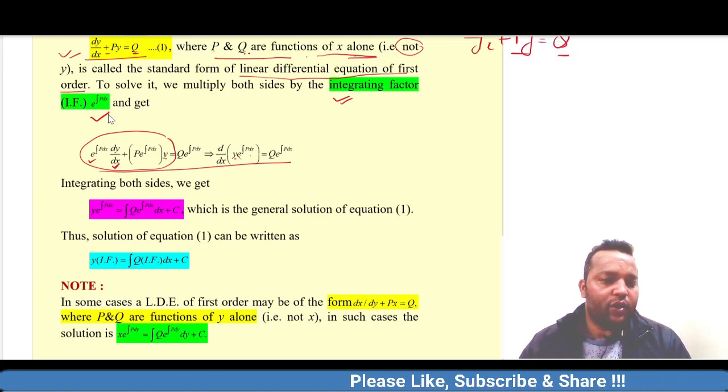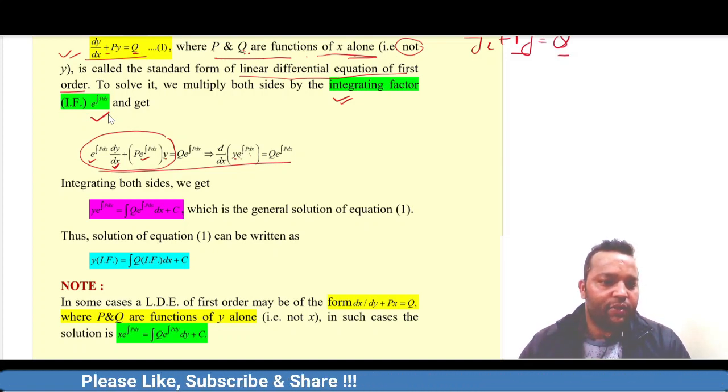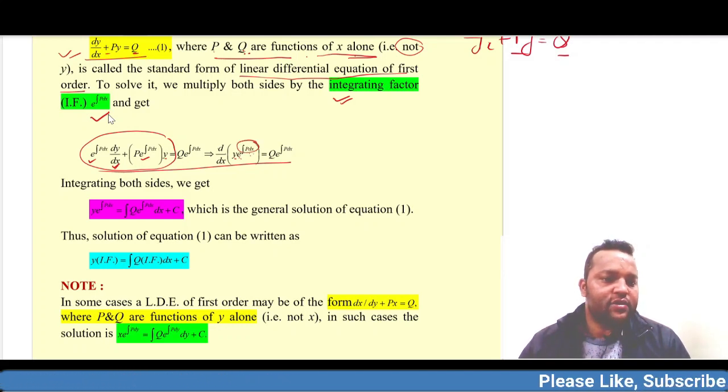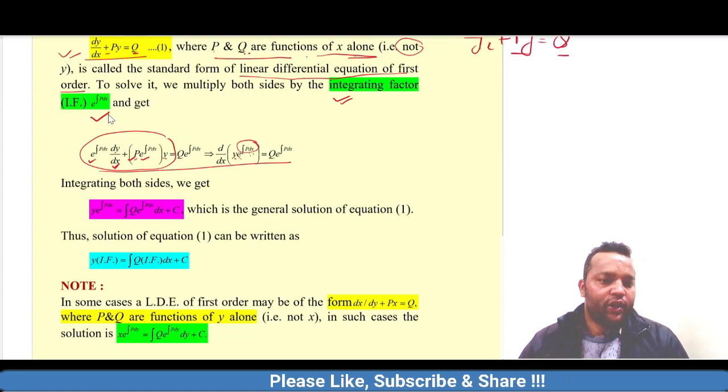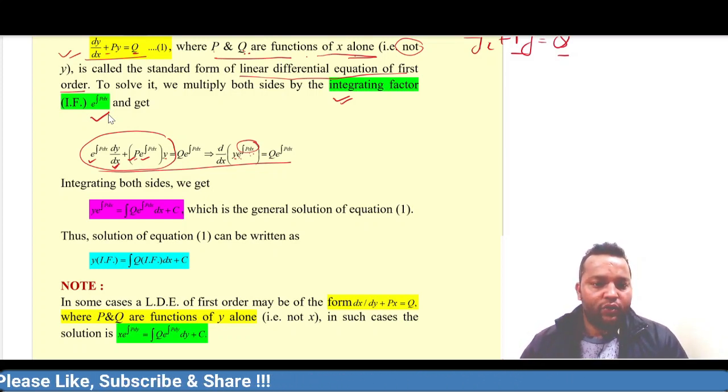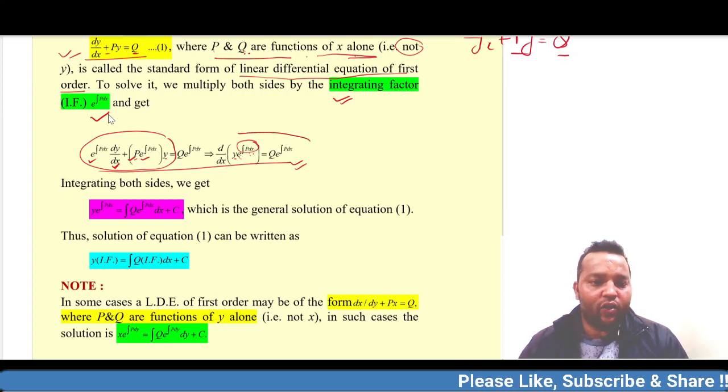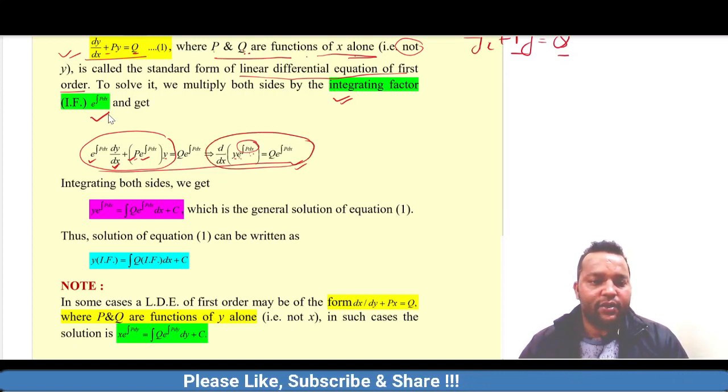Derivative of e raised to the power integration of p dx is the same, and now by chain rule, differentiation of this term gives p. So therefore we can directly solve this equation by simply integrating both the sides.